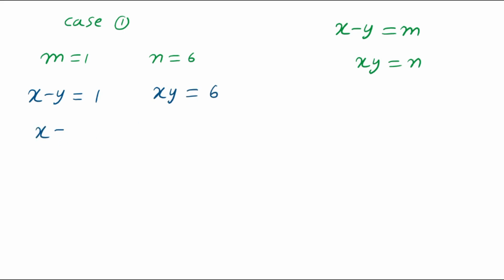Here the value of x is y + 1, and this value of x is put here, so x is replaced by (y + 1) times y, and this is equal to 6.